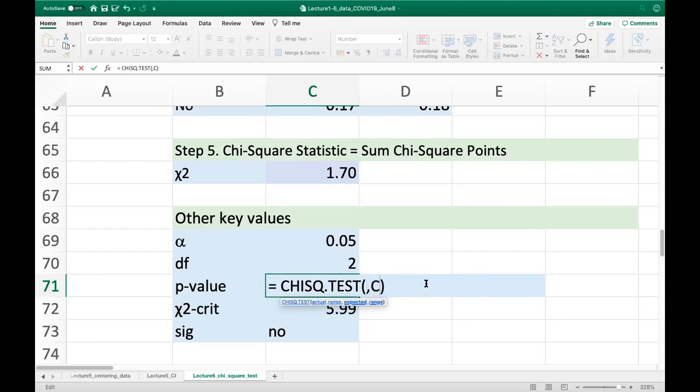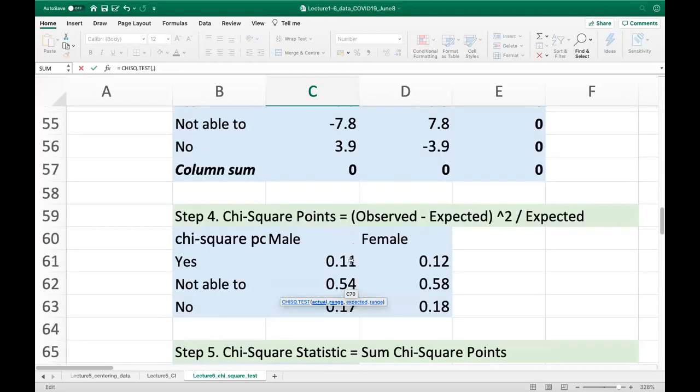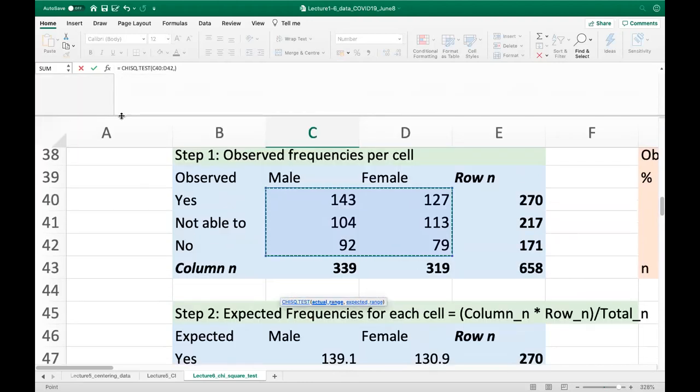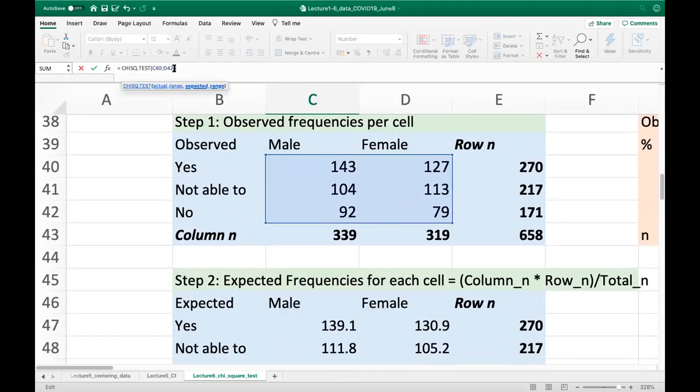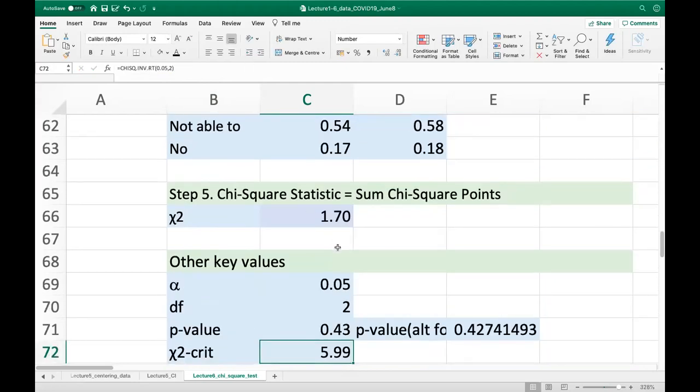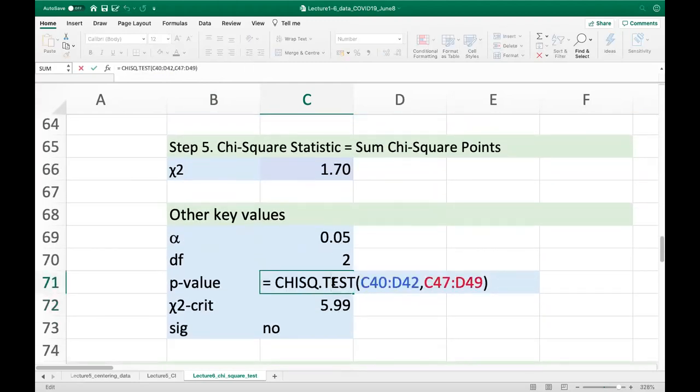Let me just delete both of them to see how the two arguments work and how you can select them. You can just select the row and use it as the first argument, right? You can still see the function in the function window, and then after the comma, it will ask you to select the second argument, which is the expected range. And now you have both. If you press enter, it gives you the p-value.